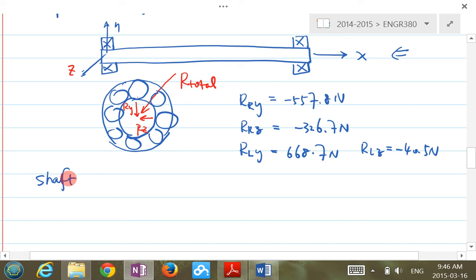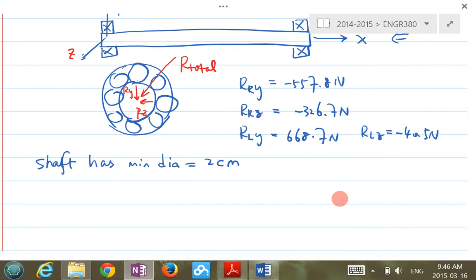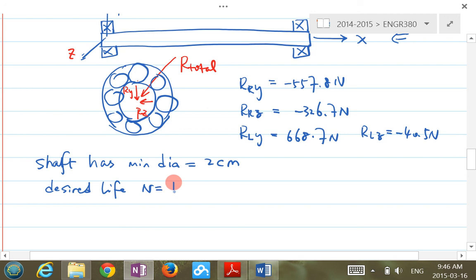So you find that the shaft needs this much diameter here, and you are required to select a bearing for the shaft with a desired life n equal to 100 million cycles.